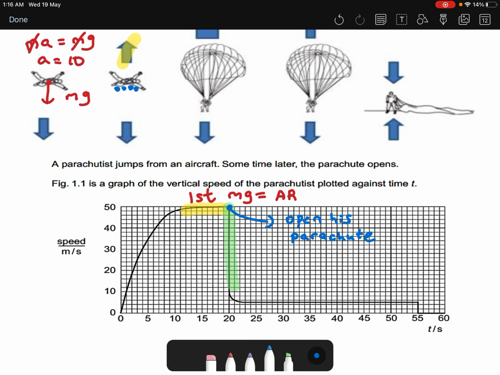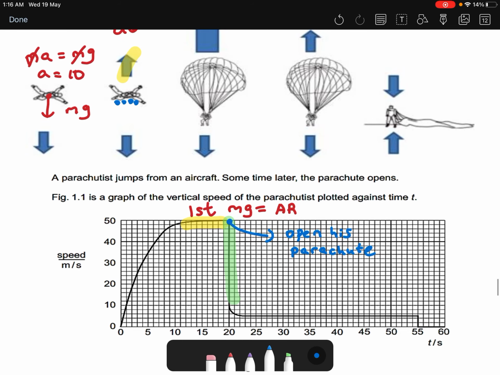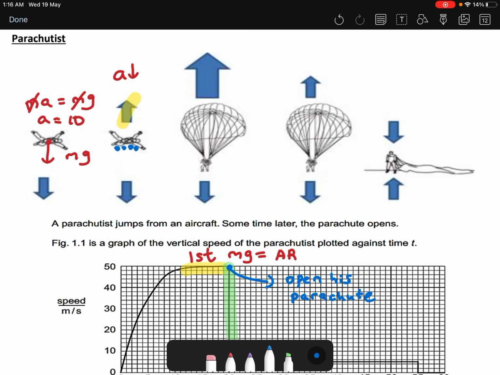Because something must happen. If not, how come the speed decreases so drastically? When he opened his parachute, the surface area of the parachute is quite high, so of course there are more air particles opposing the parachutist.